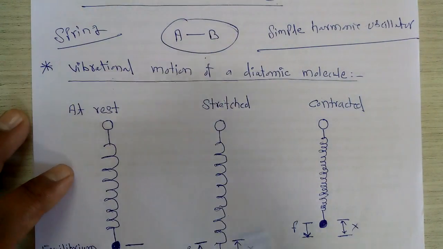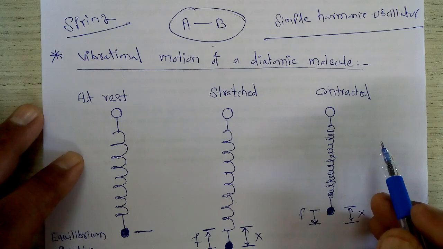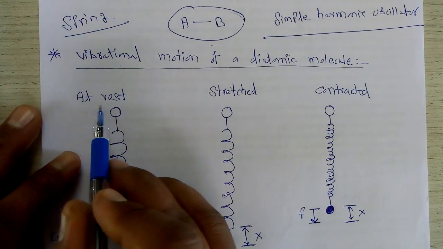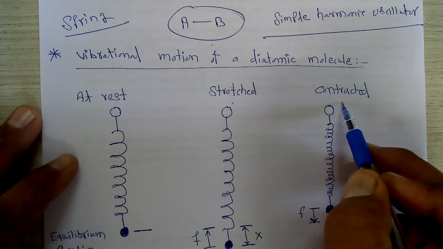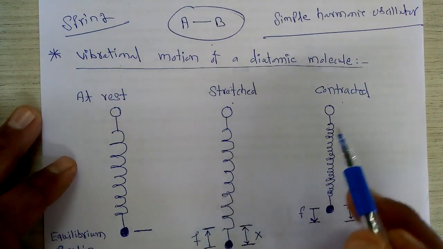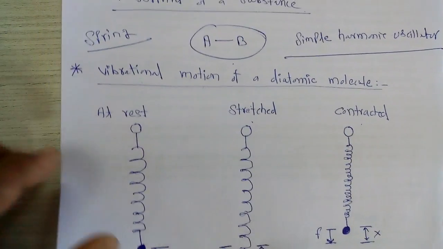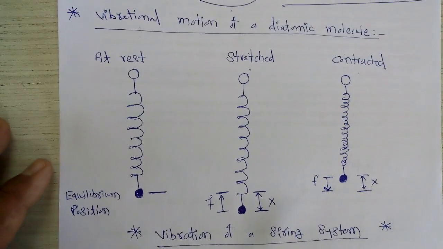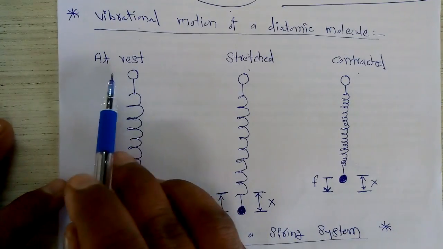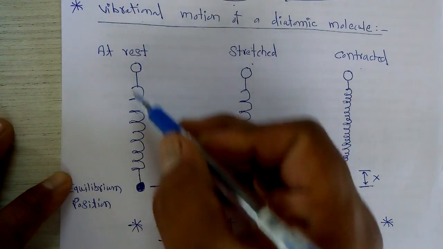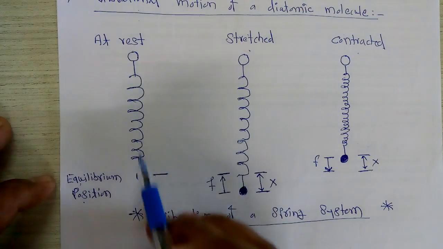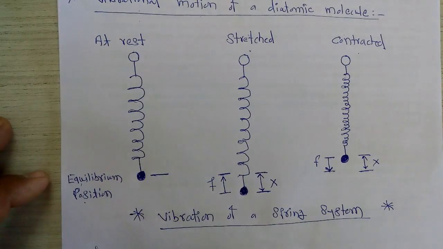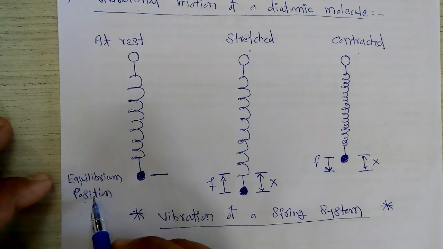Such behavior can be studied under three different headings: the bond at rest, when it is stretched, and when it is contracted. First, when the bond between the two atoms in a diatomic molecule is at rest, it has its normal position, which is called the equilibrium position.